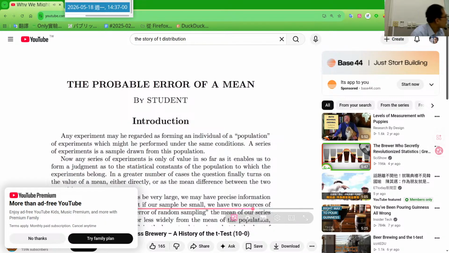Could you have two minutes to search for the original research report of this one, "The Probable Error of a Mean" by Student? Please search for this journal article.